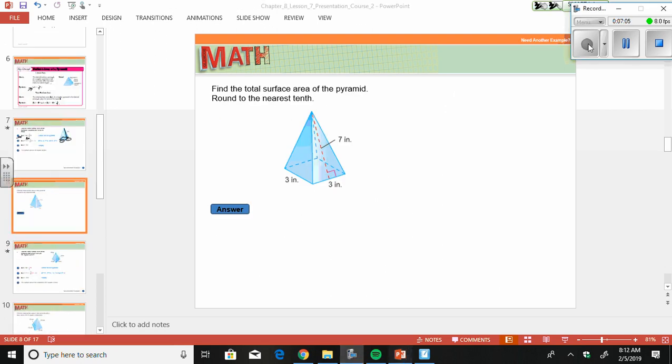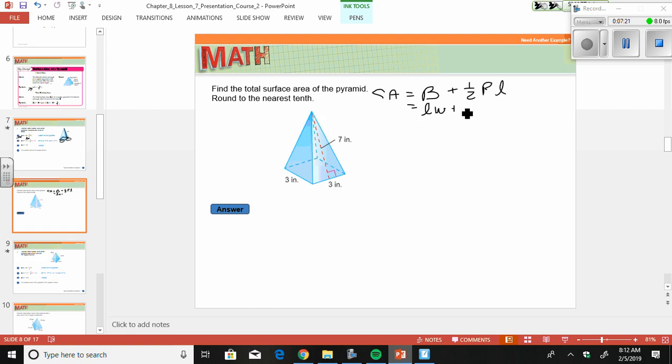So to solve, the first thing I want to do is write down my formula. So total surface area is equal to the area of the base plus 1/2 times the perimeter times the slant height. So the base is a rectangular figure, so it's length times width plus 1/2 times the perimeter times that lateral height. Perimeter is when we add up all the sides, so it's 3 by 3 by 3 by 3.